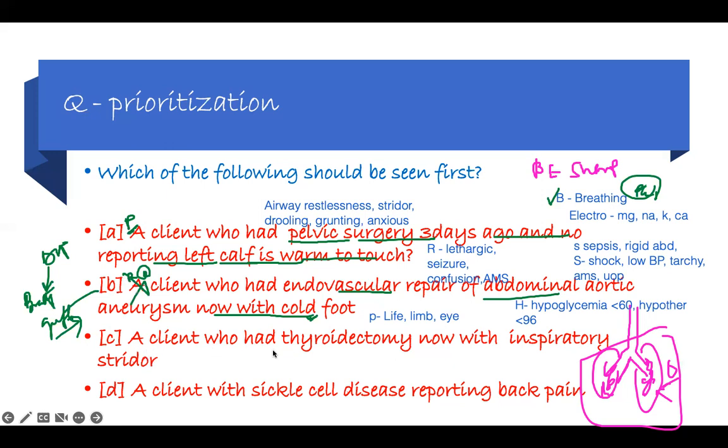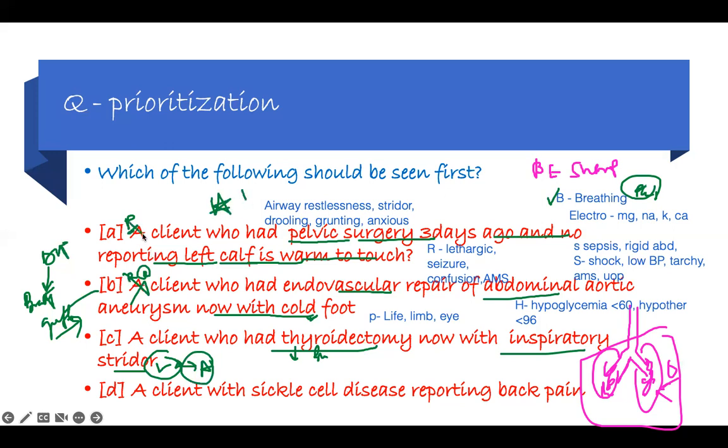A client who has thyroidectomy now complains of inspiratory stridor. You see the keyword there, stridor. He has thyroidectomy. He's bleeding into his neck. Now he has what? Stridor. Stridor is airway. And among these, B sharp, airway, this is my number one.